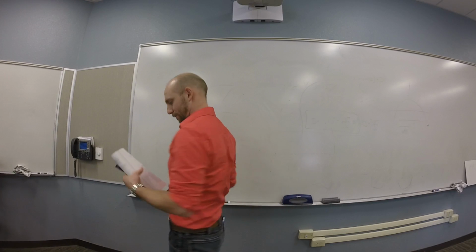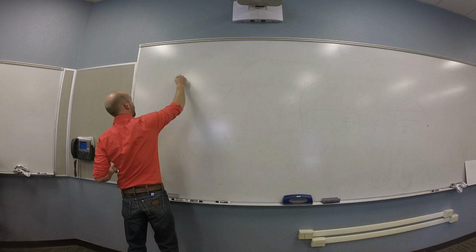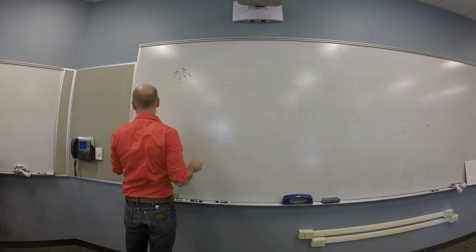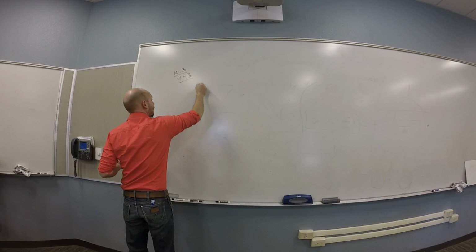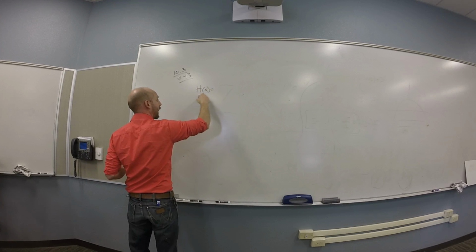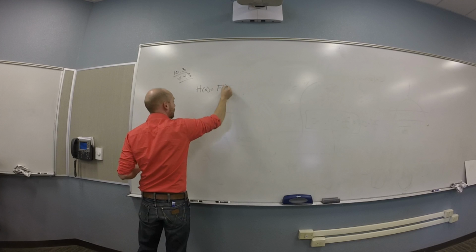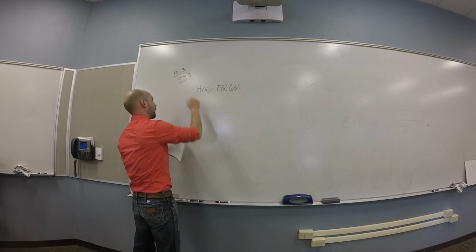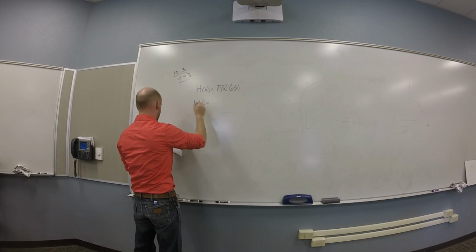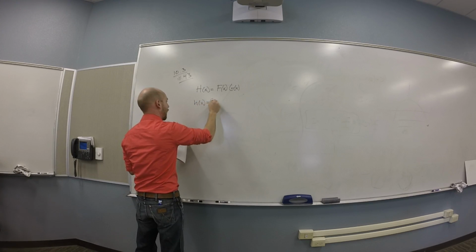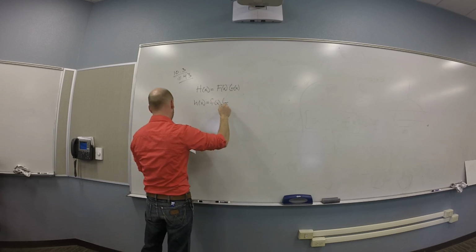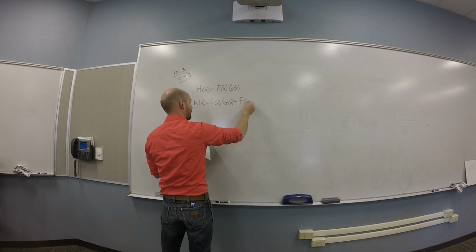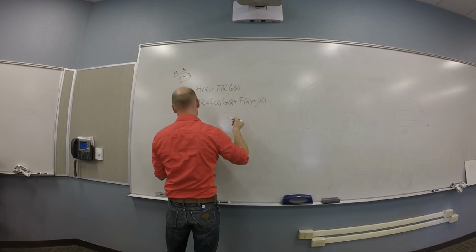Okay, so to do number 43, there are a whole mess of formulas here. So here are the formulas they give me. Capital H of x is capital F of x times capital G of x. Little h of x is little f of x times capital G of x plus capital F of x times little g of x.